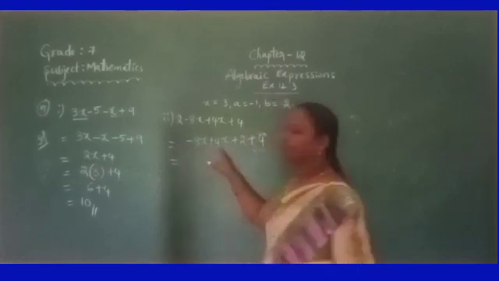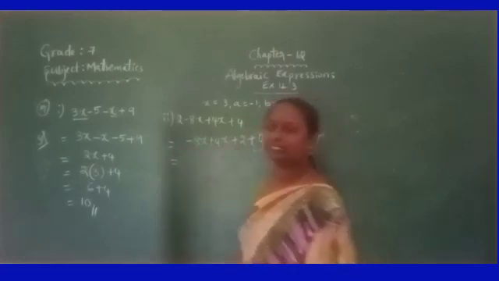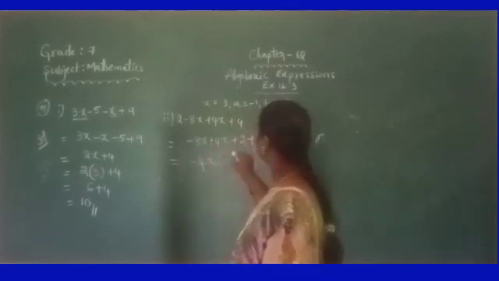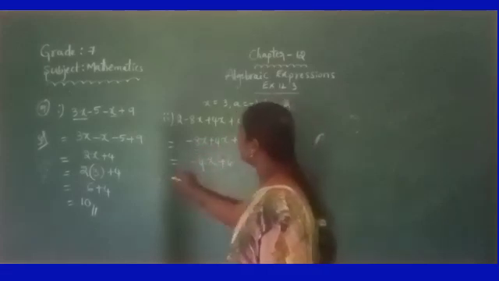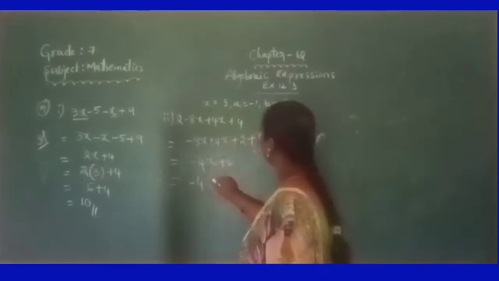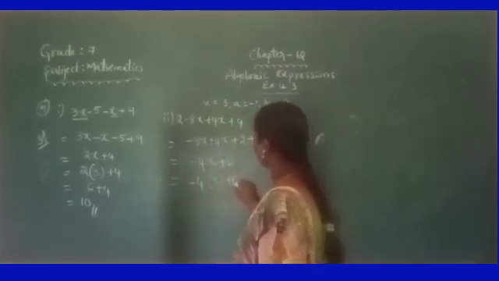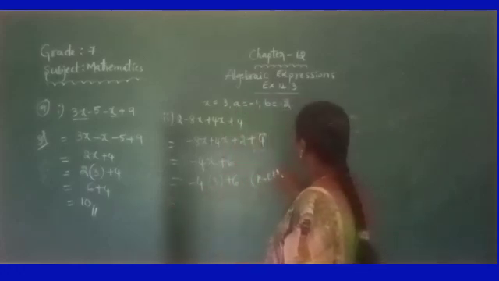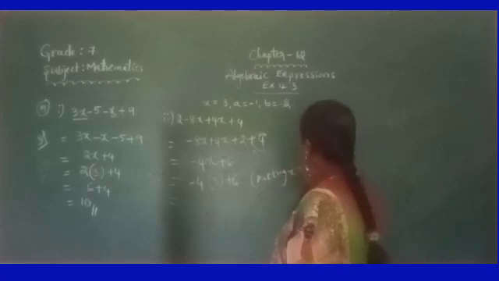So how many x will be there? Minus 4x plus 2 plus 4 is plus 6. Now putting x is equal to 3.